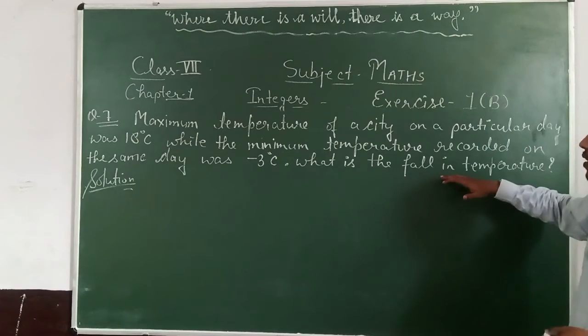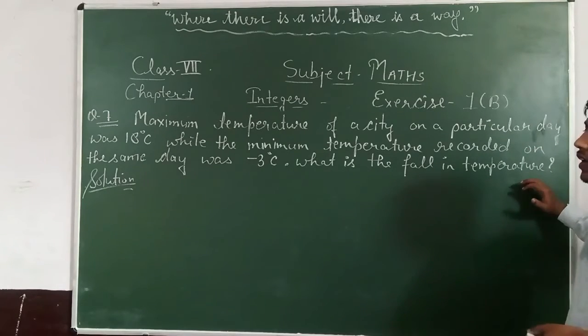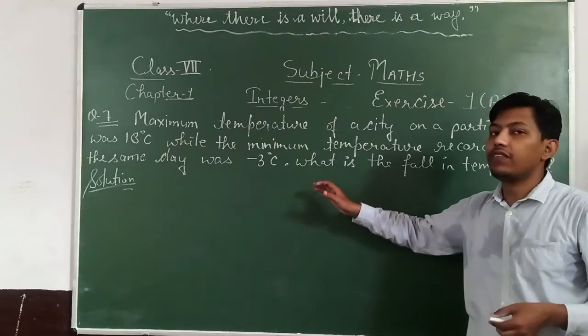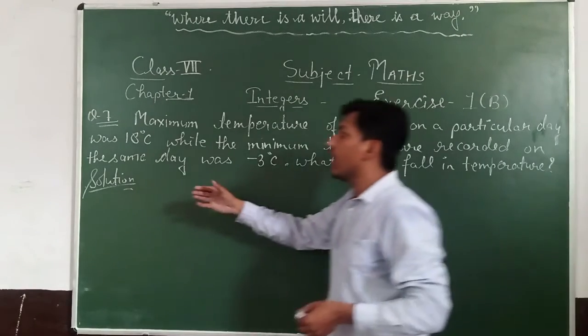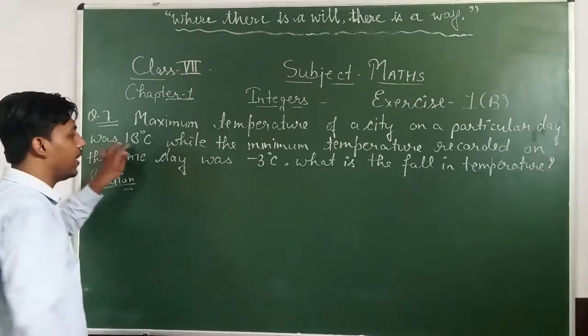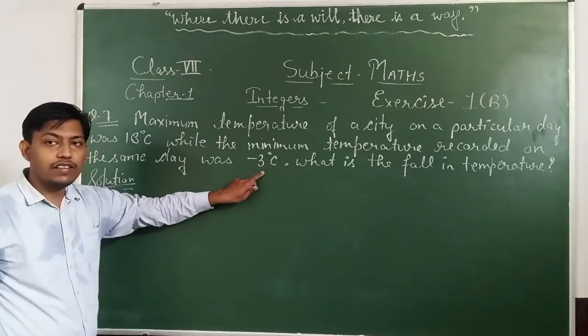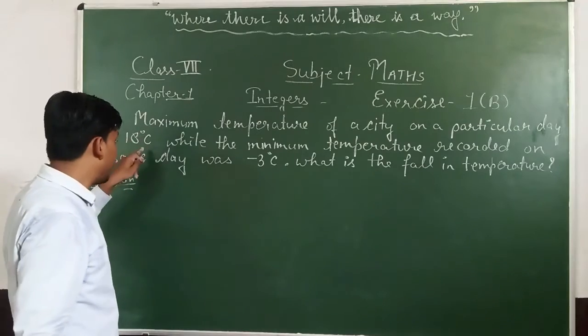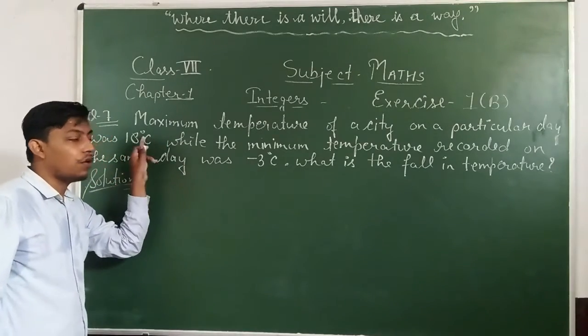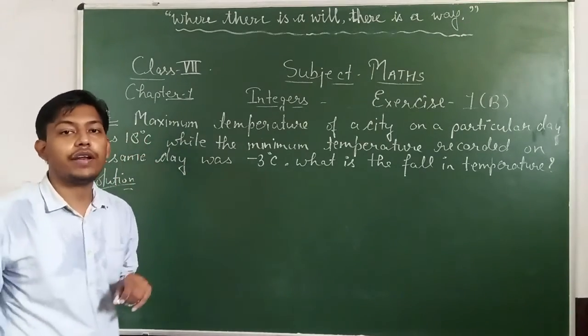What is the fall in the temperature? Here it is given the temperature of a city on a particular day: maximum is 18 degrees Celsius and minimum is -3 degrees Celsius, and we have to find the fall in temperature. So when we subtract the minimum temperature from the maximum, we will get the fall in temperature.